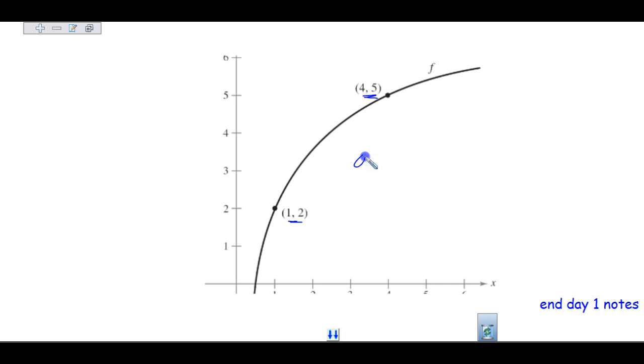So my absolute min is 2, and my absolute max is 5.